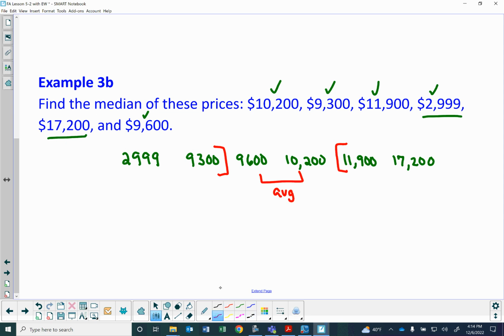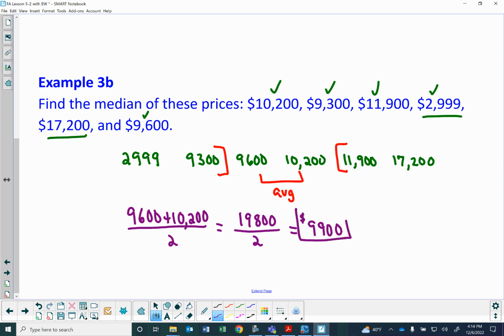So if I take 9,600 plus 10,200, that gives me 19,800, divided by 2, which is going to be 9,900. So we've practiced finding a mean, finding a median, and whether or not your data is skewed. All of that should be review.